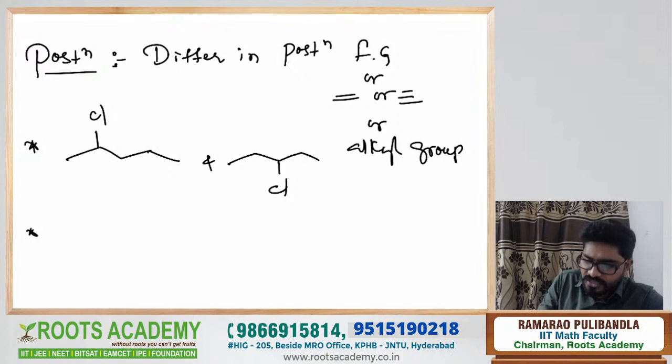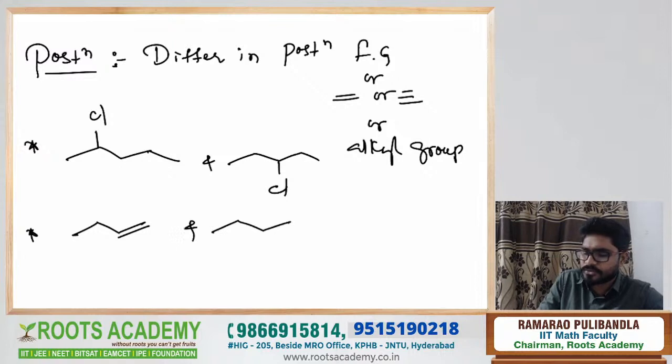We can also take 1-butene and 2-butene. That's it: double bond or triple bond, functional groups, whatever it is. Positional isomers.